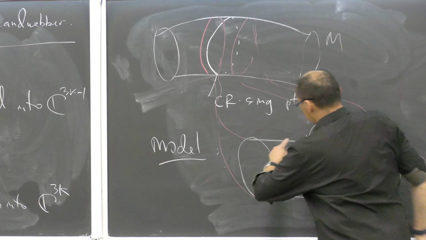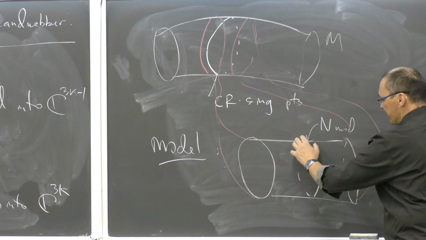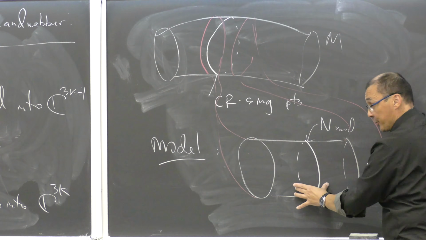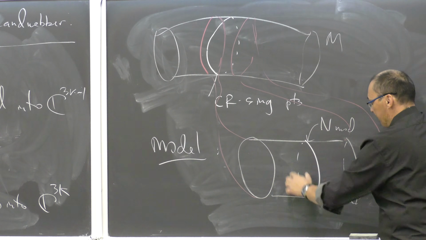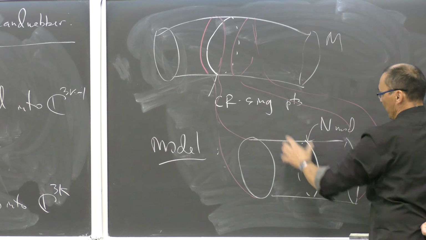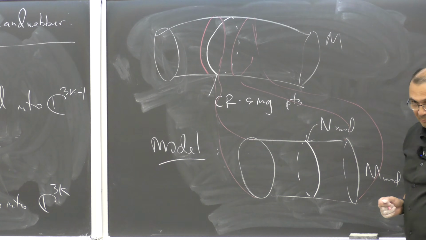And the model has the property that this circle of CR singular points has a neighborhood which is polynomially convex in the manifold. And if you have that in your original manifold, then you can do the perturbation to make the whole thing polynomially convex.